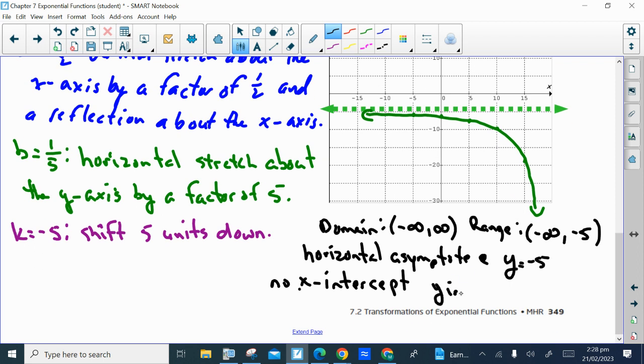So our y-intercept is at 0, negative 11 halves. Okay, but if we didn't know from our table, we would let x equals 0 in the equation to get it. Okay?